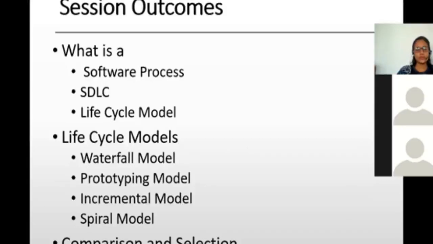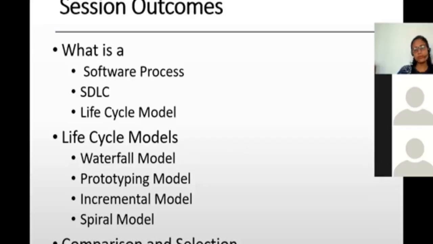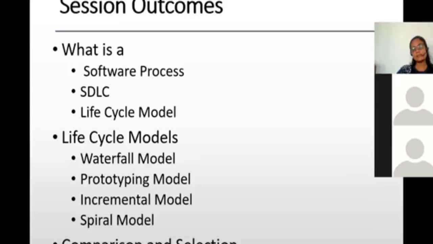Now we are moving to the session outcomes of today's lecture. As you remember, in the very first lecture we talked about what software is, what a software process is, what a software process model is, and the software development life cycle. In this lecture, we are going to recall software process, SDLC, and the life cycle models.